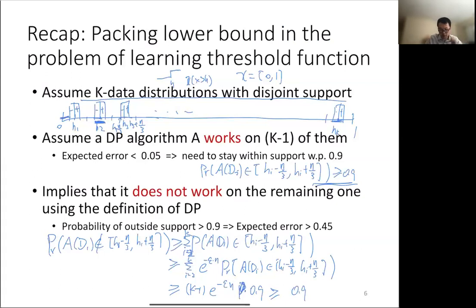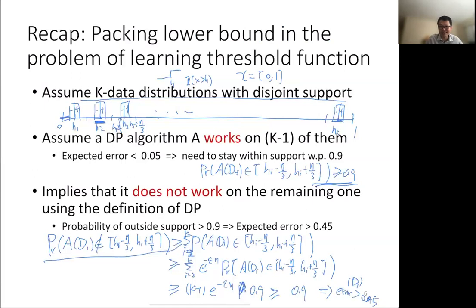So if the probability of being not inside the gap is larger than 0.9, this implies that the expected error needs to be larger than 0.45 for distribution 1.